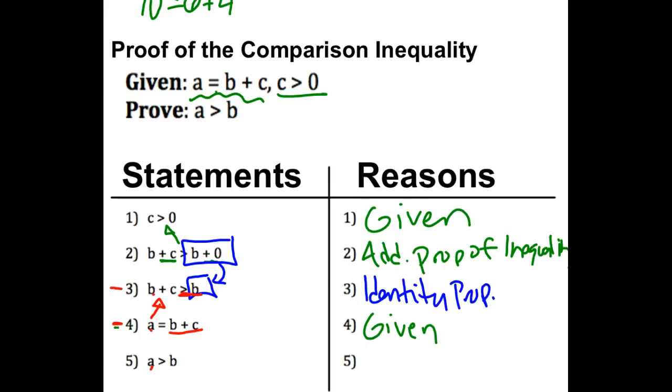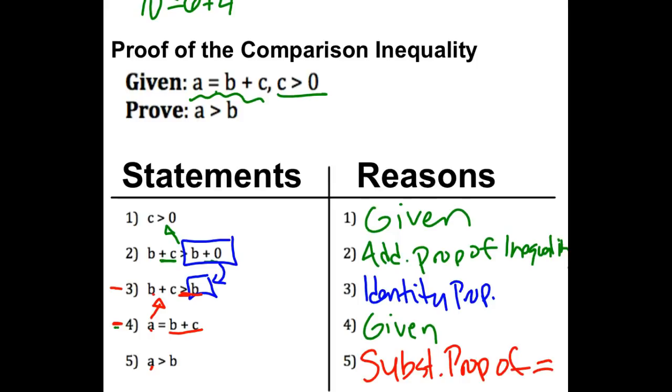See if you remember that property when you replace something like that using the equation. It's the substitution property of equality. All right, so just a little proof reminder, they do exist.